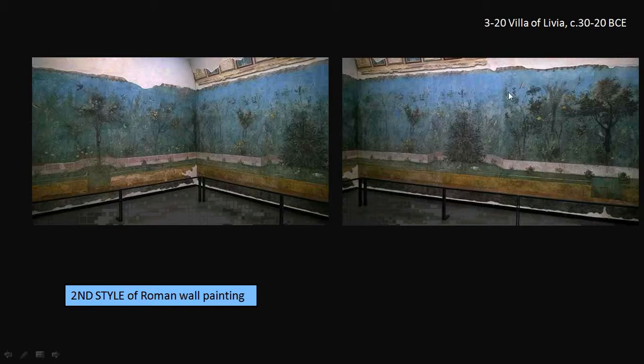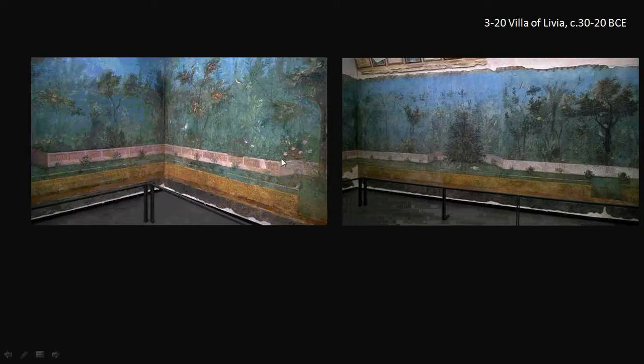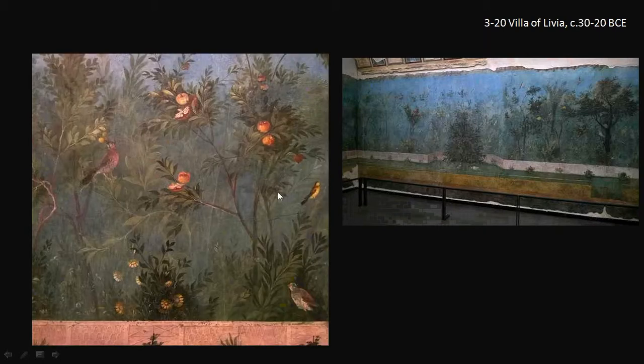That copse of trees, birds flitting around, keep turning around here in space, and we can see that, in fact, as we look to the opposite corner, how really deeply satisfying the illusionism of this work is, and how very detailed it is. Look at flowers and birds and fruit in the trees, as well as a sort of atmospheric perspective, as things get murkier, the deeper in space they go. But again, this interest in light and realism in the second style of Roman wall painting.